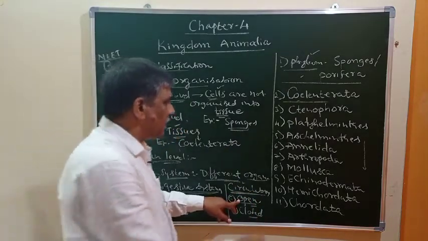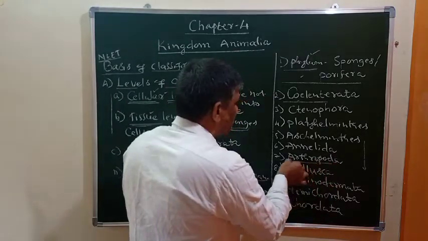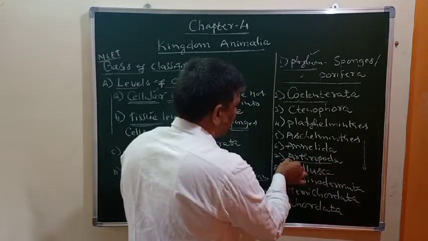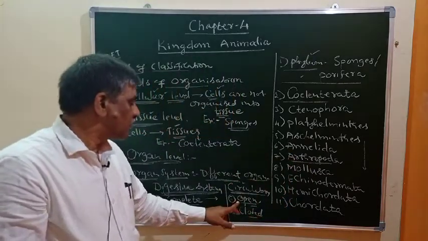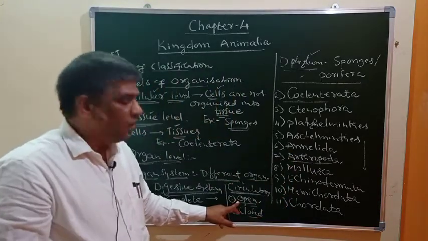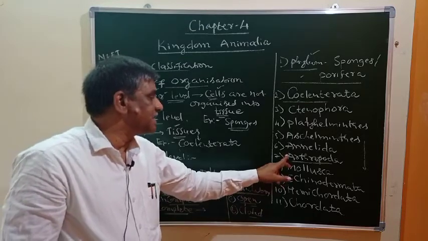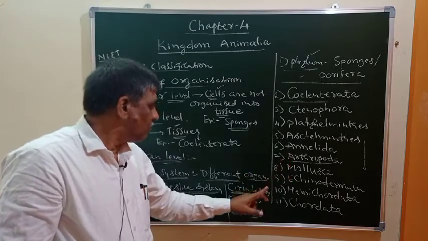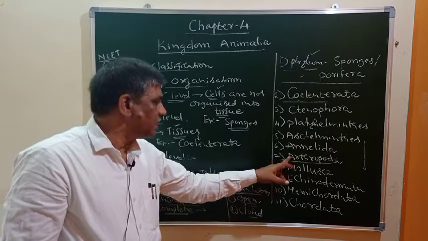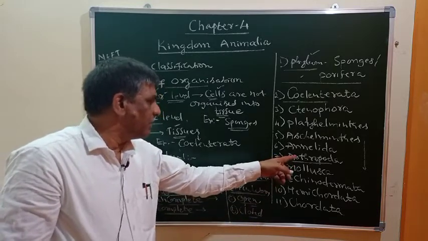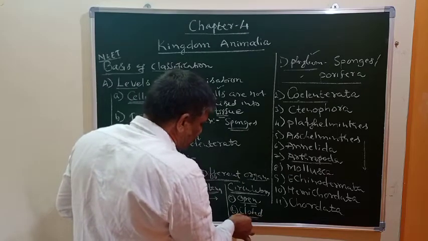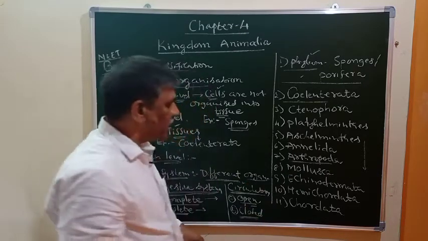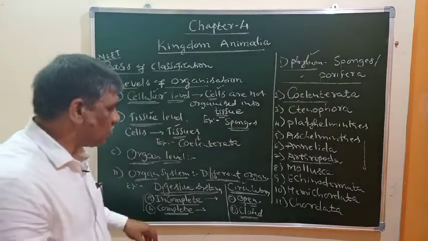For example, in arthropoda, the open type of circulatory system is present. It means they do not have well organized blood vessels. Instead, blood flows in open channels called sinuses. You will understand this better when we discuss arthropoda. And some animals have a closed type of circulatory system, where blood flows in closed blood vessels.